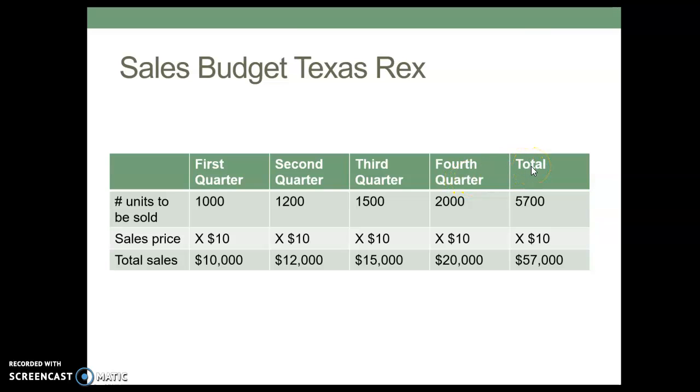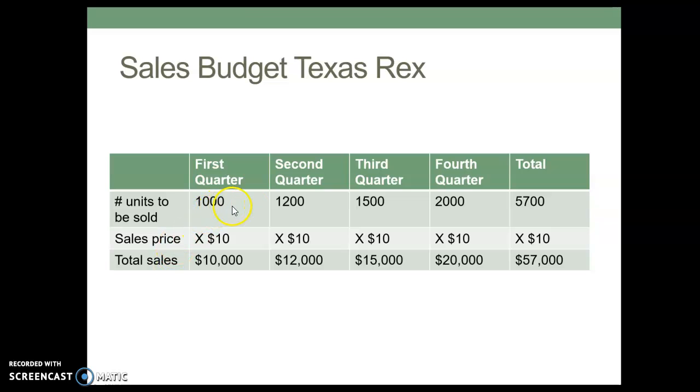And then they have their total column out to the side. So the sales budget is very simple once you have the numbers. The number of units to be sold, we multiply that by the average sales price we expect to sell them for, and that gives us the total sales that we're expecting to have next year.